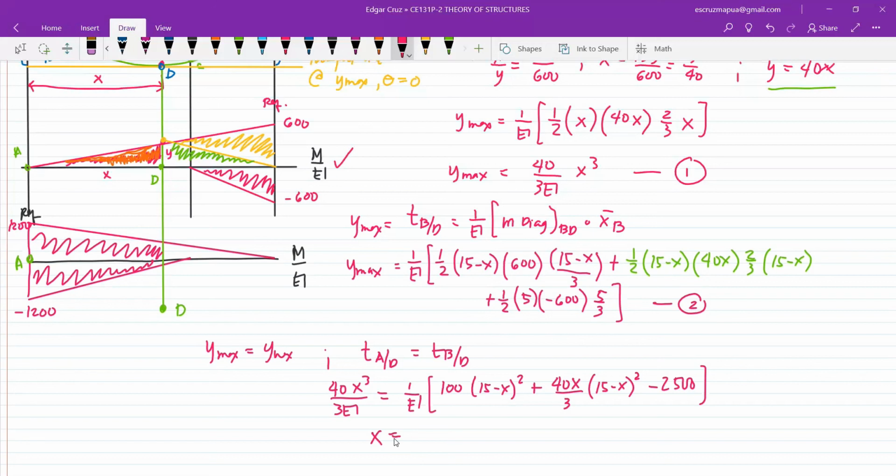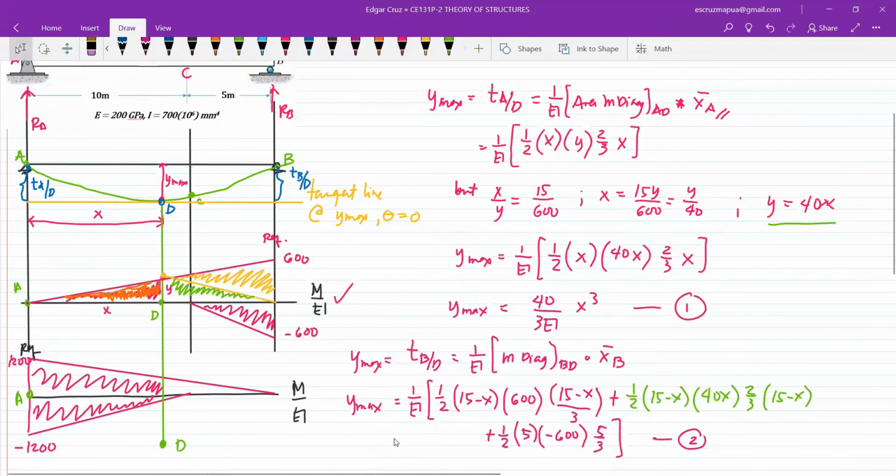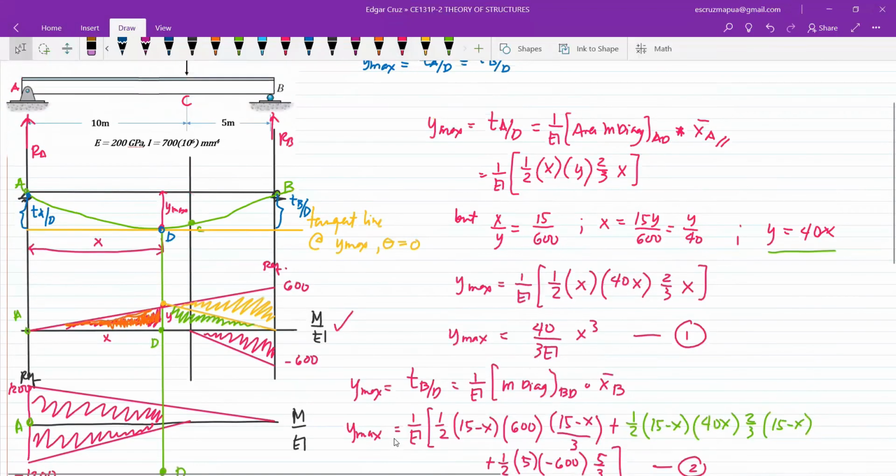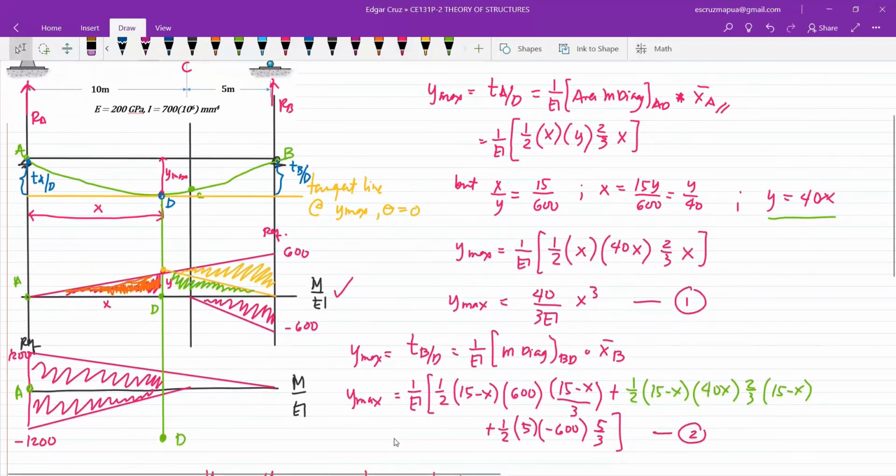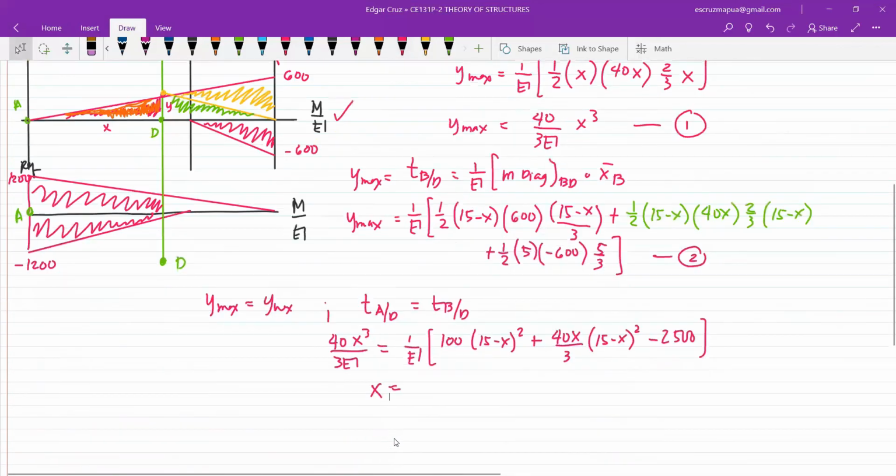The expected x, looking at our figure, is the distance of the maximum deflection measured from the left support, from A. If the span is 15, the answer should not be far from 7.5.